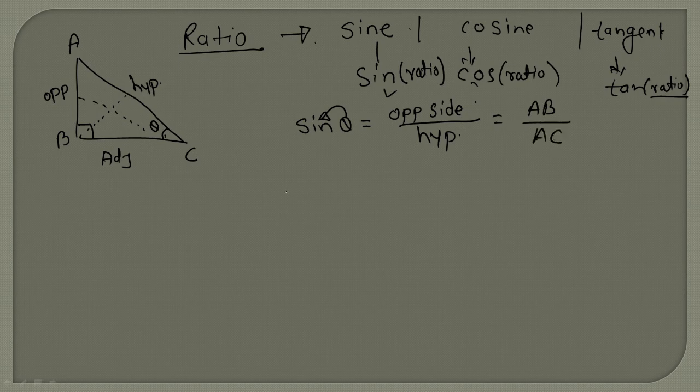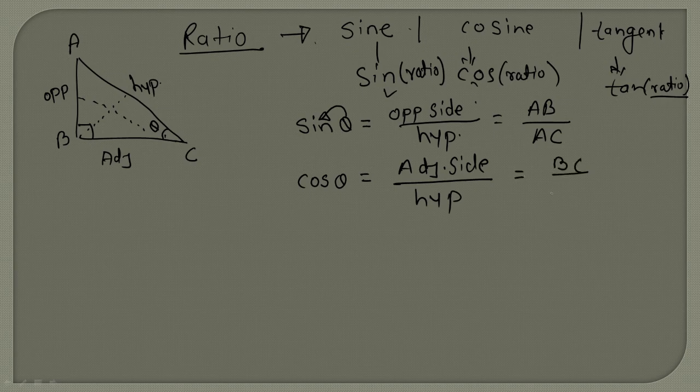I hope you understand. Again, we have to find the ratio for this angle theta, that is the cos ratio. For this angle theta, the formula is adjacent side upon hypotenuse. What is the adjacent side for this angle theta?